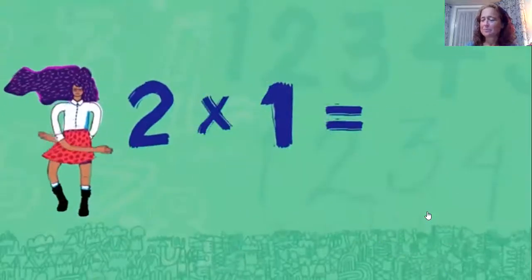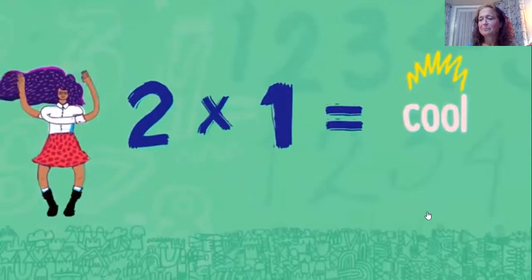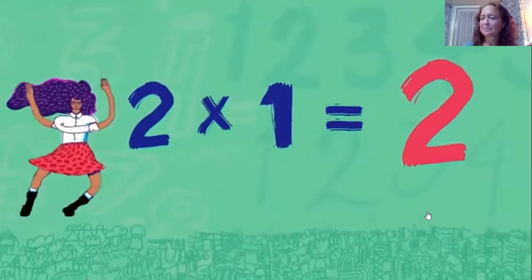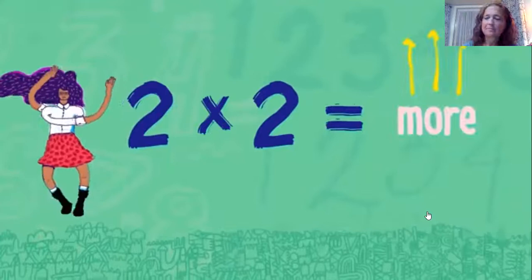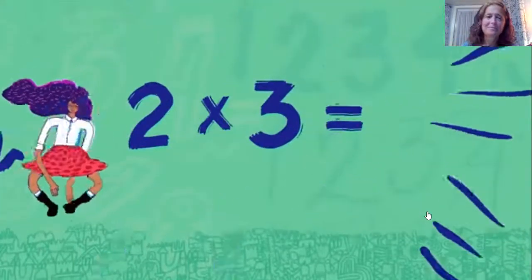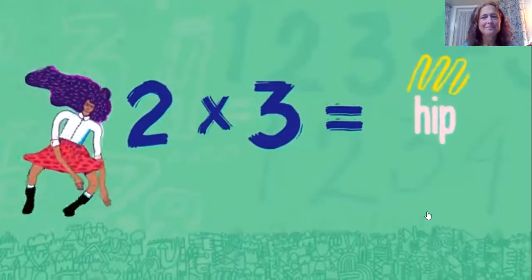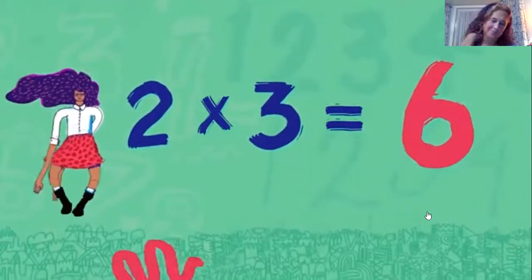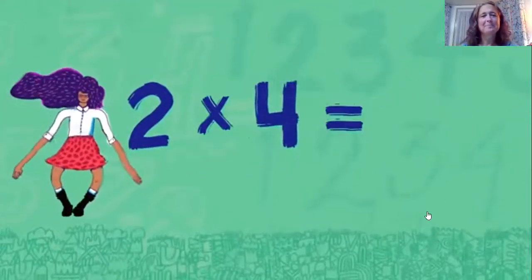2 times 1 is cool, 'cause 2 times 1 is 2. 2 times 2 is more. 2 times 2 is 4. 2 times 3 is hip. 2 times 3 is 6. 2 times 4 is great.